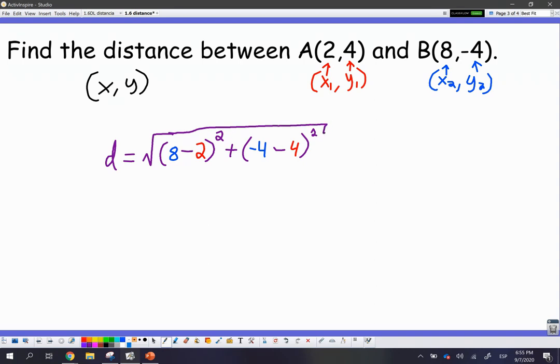Now, one of the things that I didn't do and I should have done was to write out the distance formula first. Because when we do that, we can see what coordinates go where. So I have x2 minus x1 squared plus y2 minus y1 squared. So always write out the formula first. I forgot to because I already know this by memory, but you guys don't.